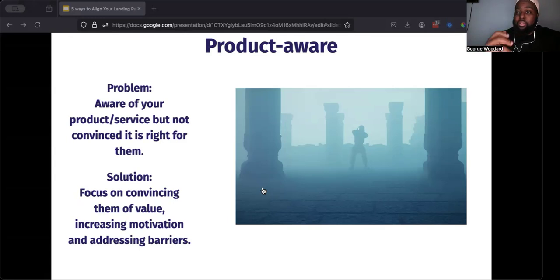One of your colleagues, or yourself, was a keynote speaker at a conference, whatever it may be. Somehow they got introduced to your product or service, but now is not the right time for them, and they're not convinced. They have maybe done their homework and narrowed it down. You're in the running, maybe the top two or three products, but they're not completely convinced that going with you is the ideal choice amongst all of the others.